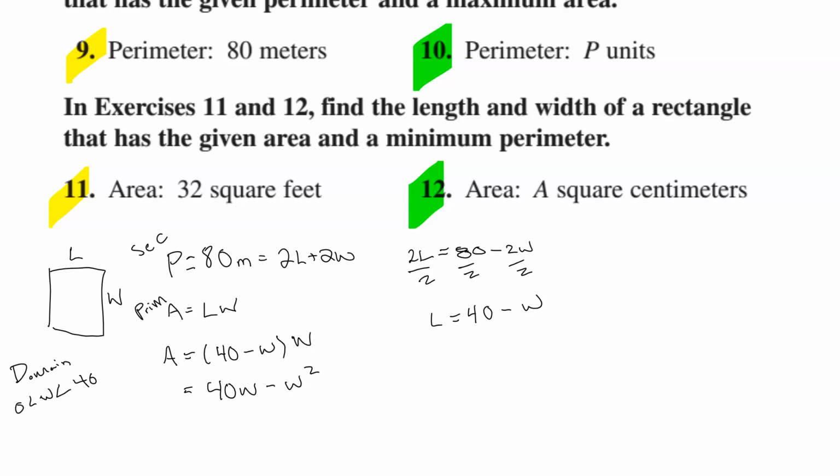The reason is that we've got 80 to go around the total, and we have to have 2 of our widths. So if length was virtually 0, our width would have to be just under 40 because we have 2 of those sides. All right, so we go ahead and do our derivative here.